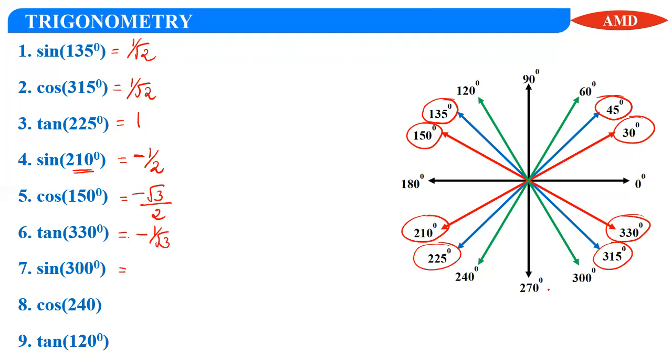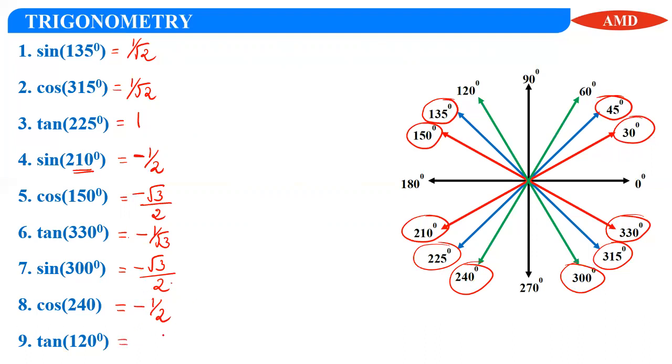Sine 300. Sine 300 is a reflection of 60. So sine 60 is nothing but root 3 by 2. But 300 is in the fourth quadrant where sine is negative. Next is cos 240, which is the reflection of 60 again. So cos 60 is equal to 1 by 2. But 240 is in the third quadrant where cos is negative.